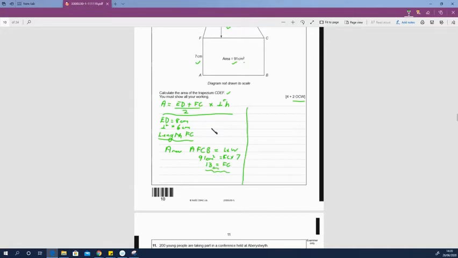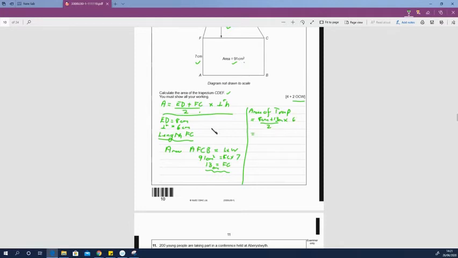Now we know the length of FC, we can put it into this formula here to find out the area of the trapezium. So the area of the trapezium is equal to ED, which is 8 centimetres, plus FC, which we've said is 13 centimetres, divide it by 2, and then multiply it by the perpendicular height, which is 6.